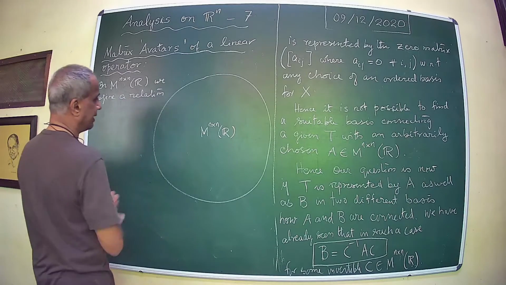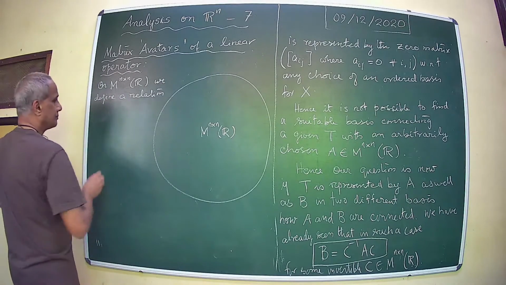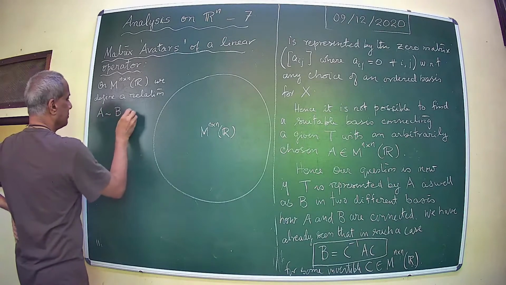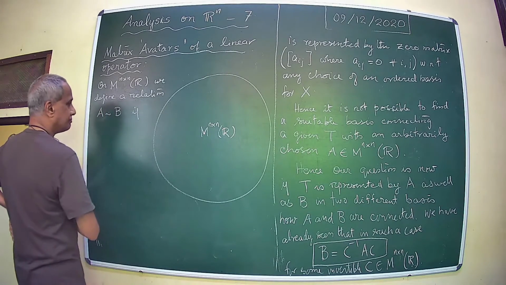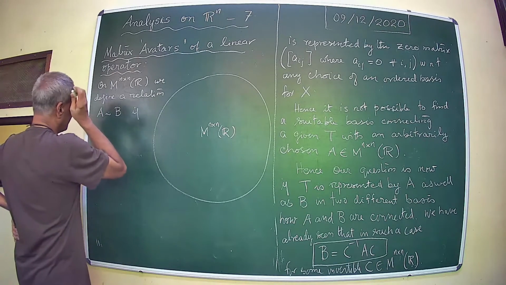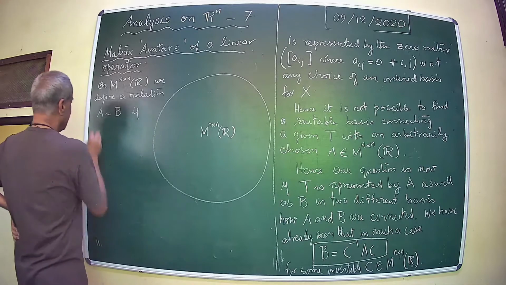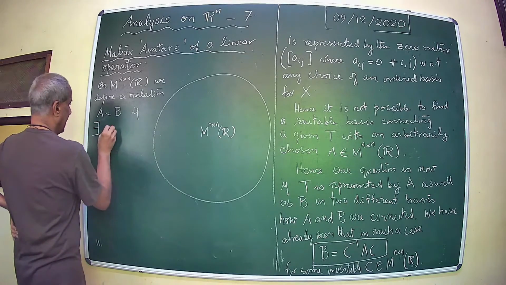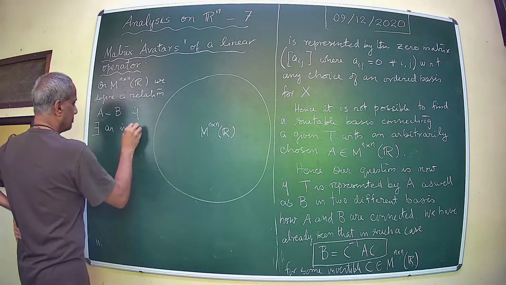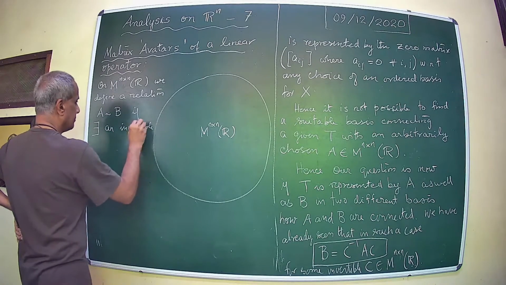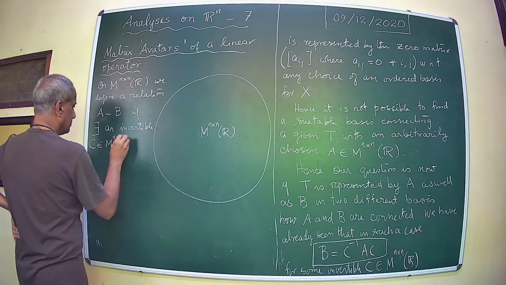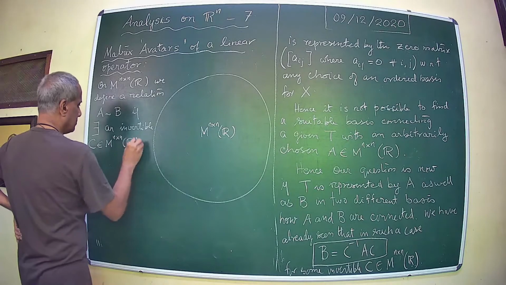A is related to B if there exists an invertible C such that C inverse A C is B.